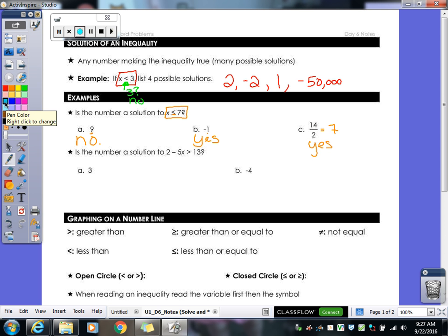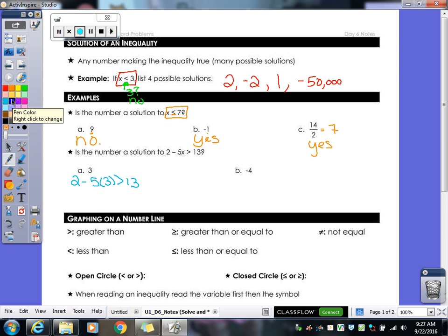So then they want to know, is the number 3 a solution to 2 minus 5x is greater than 13? So let's plug it in. So 2 minus, instead of 5x, it'll be 5 times 3. We're going to see if that's greater than 13. If they ever give you a number, plug it in, see if it gives you a true inequality.